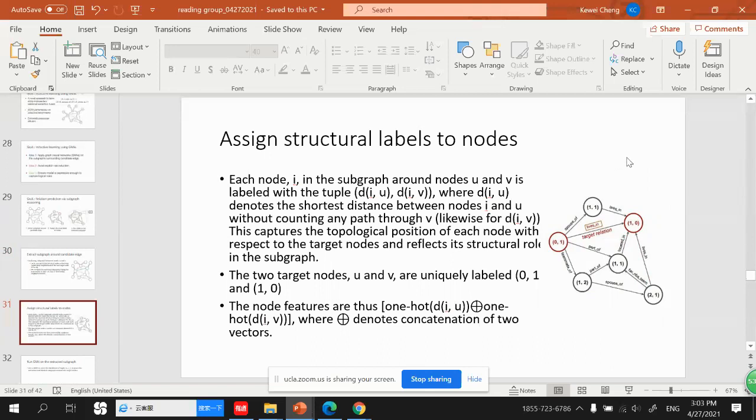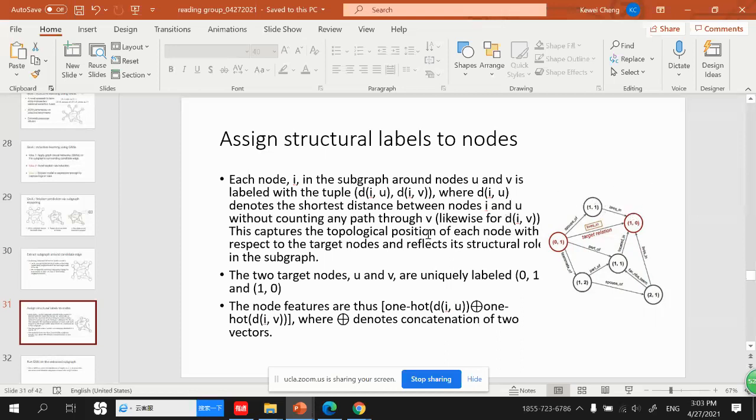Here, DIU denotes the shortest distance between node I and U without counting any path through V. And this label will capture the structural position of each node with respect to the target nodes X and Y.